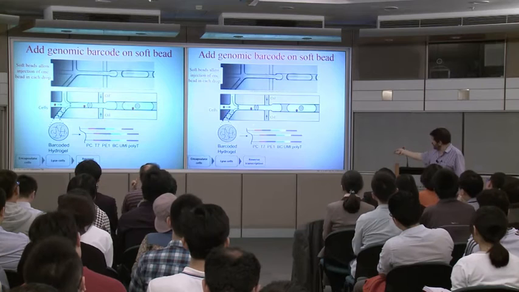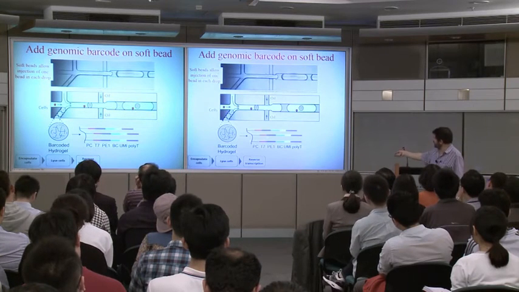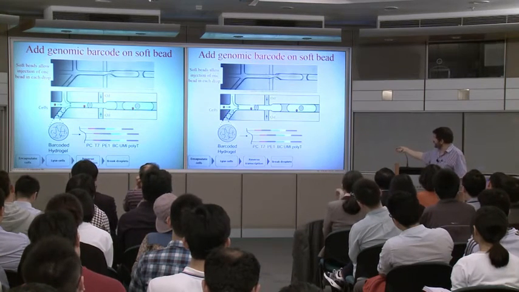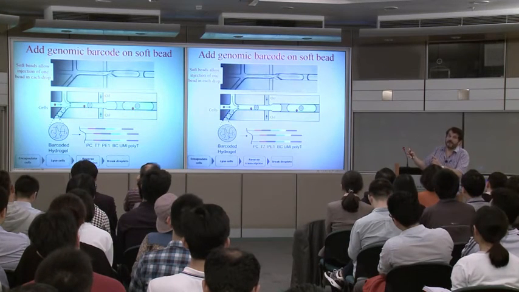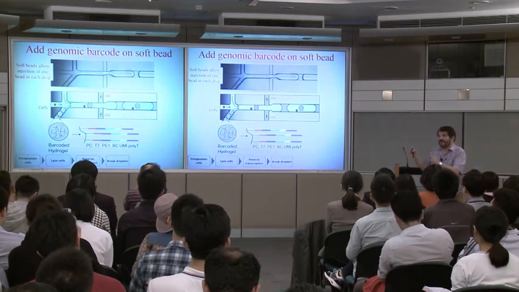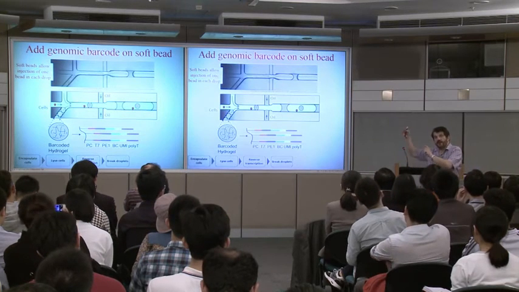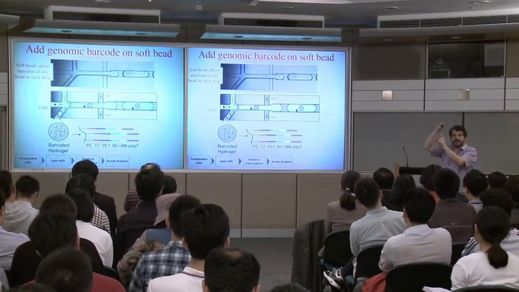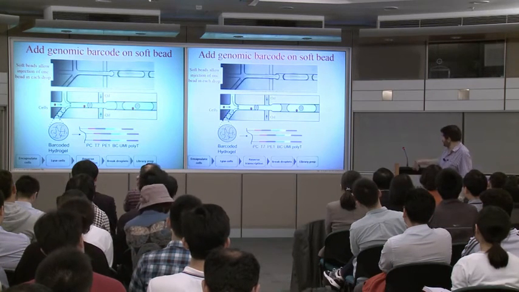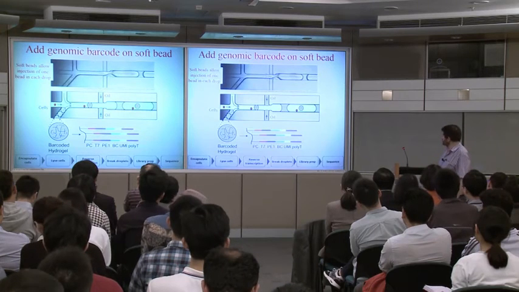And so we take this, we capture the material, we create the library of, for example, the messenger RNA. We create the library, but it's now created where everything is labeled with an additional piece of DNA that's unique to the drop. Then we break the drop and we do our sequencing the way we normally do.